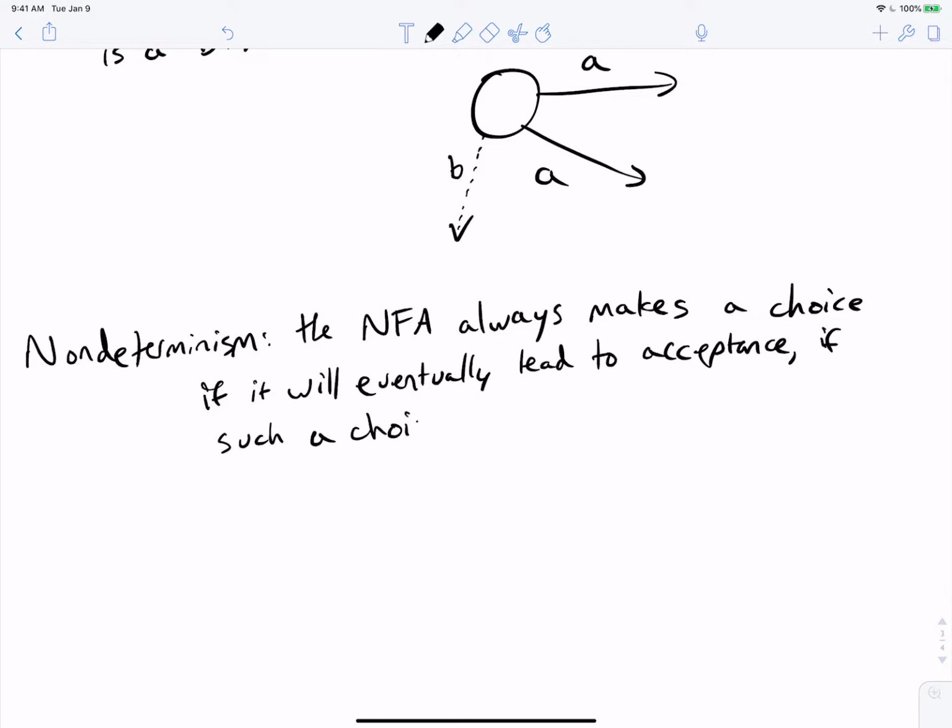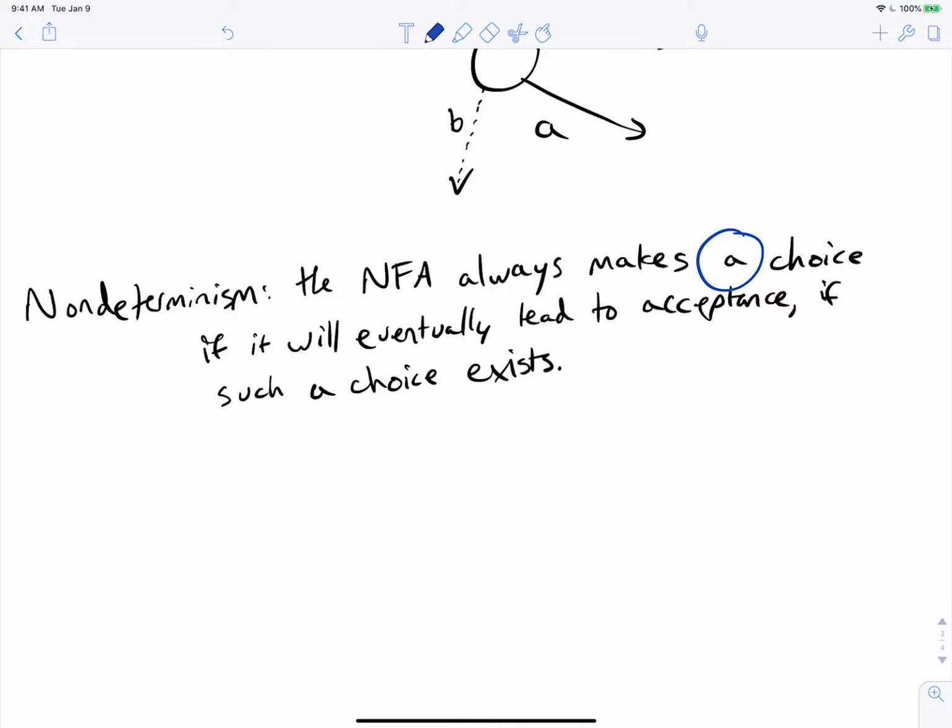Yeah, how does it know? It doesn't actually know in the sense that it sees a path ahead or something. You think of it like the NFA has a crystal ball, and it just shakes the crystal ball, and it happens to know you should take this route. So it's like a magical device that will figure out exactly one of the choices to make.